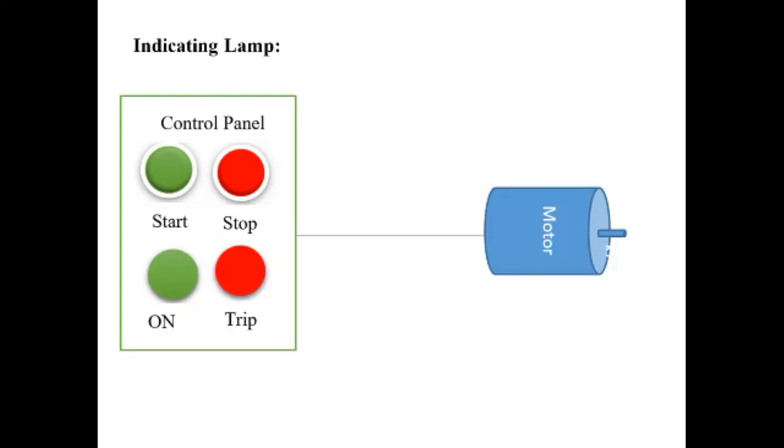All control panels have indicator lamps, and they tell the operator when the power is applied to the machine and indicate the present operating status of the machine. Indicators are drawn as a circle with light rays extending on the diagonals as shown in this diagram.